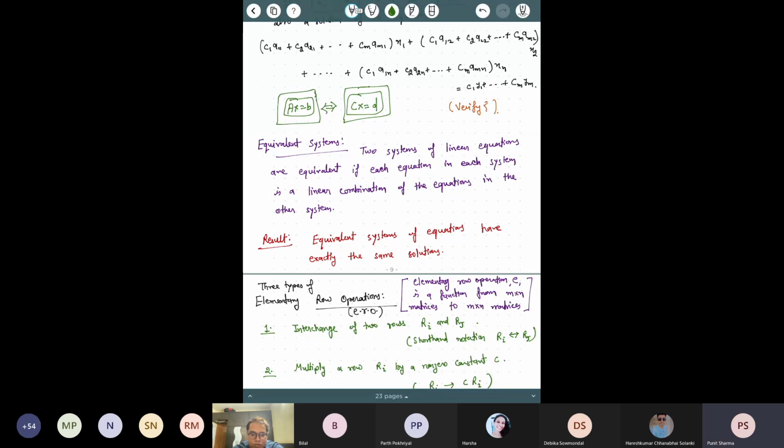So if we can write every equation as a linear combination of equations from the other set, then we can say that these systems are equivalent.